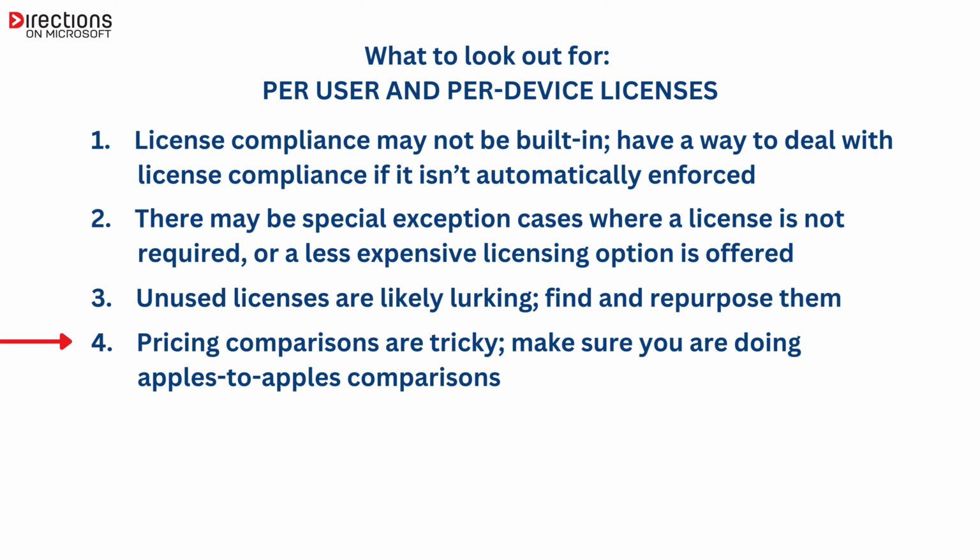The fourth thing to look out for with per user and per device licensing, be careful when interpreting pricing. For example, user subscription licenses and device subscription licenses are usually quoted per user per month or per device per month, but not always. Be especially careful when comparing quotes through different Microsoft licensing programs. Be certain you are doing an apples to apples comparison.